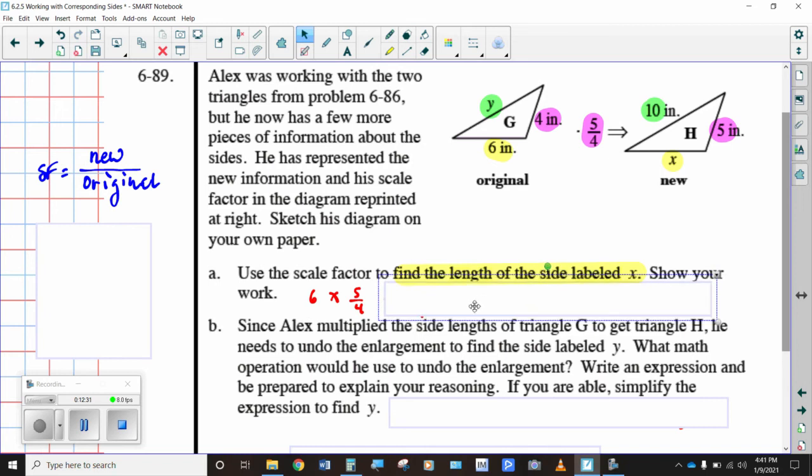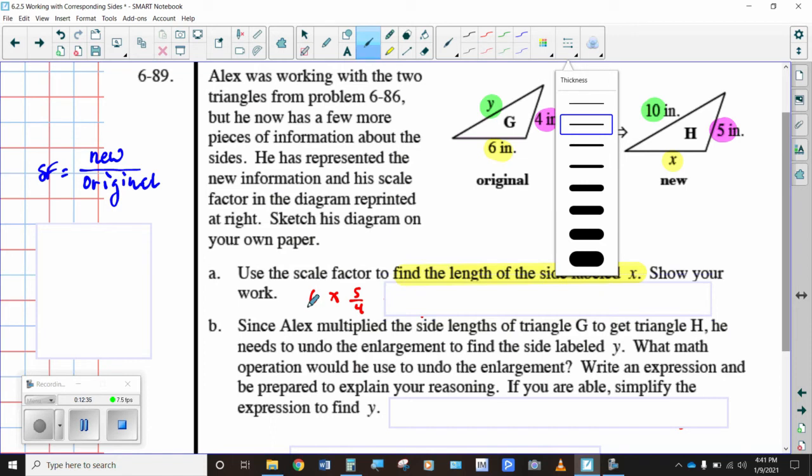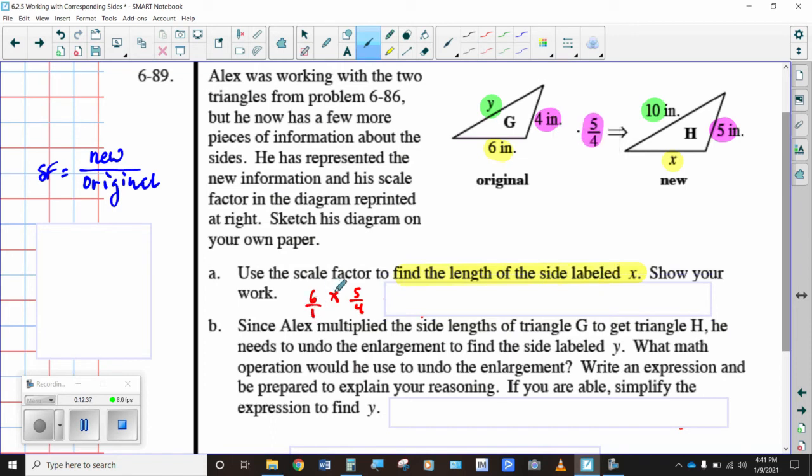So we get 6 times 5 over 4. When we do that, remember, when you're multiplying fractions together, it's always numerator times numerator and denominator times denominator. So you want to make sure 6 gets multiplied times the 5, and the denominator of 1 that we would have for the number 6 would be multiplied times the 4.